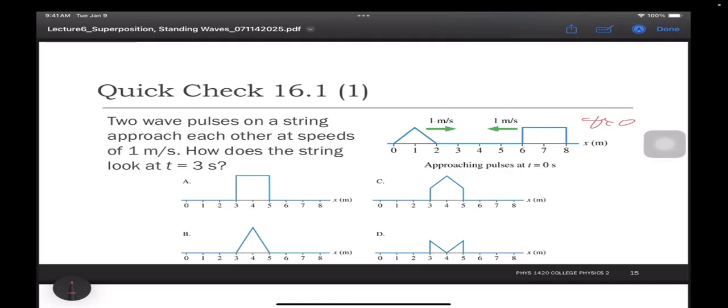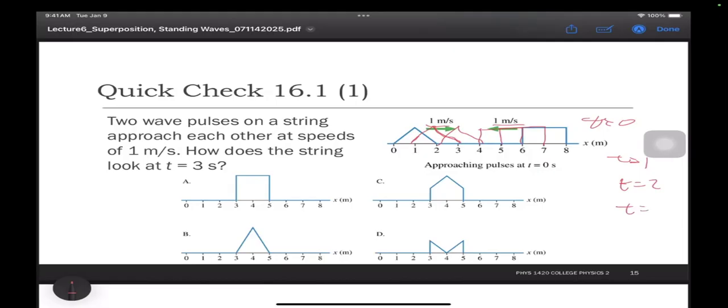Because the speed is 1 meter per second, when t equals 1, this one moves 1 meter, am I right? Like this, sorry. And this 1 meter. Does it make sense to you? This is t equals 1. And t equals 2, and continue. This is t equals 2. Does it make sense to you?